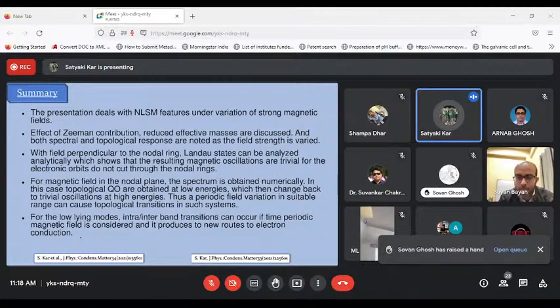There the symmetry is lost, so we have to resort to numerics, and we have seen that at low energy the magnetic oscillations are topologically non-trivial, while at high energies we again get topologically trivial magnetic oscillations. In this case you can also consider a periodic drive for the magnetic field, and with proper parameters chosen we can see the topological transitions occur periodically in such systems. We can also consider the interband electron transfers there, and see what other non-trivial physics it can lead to.